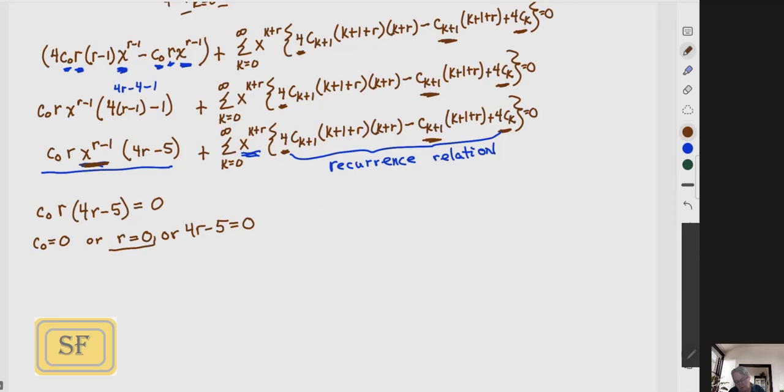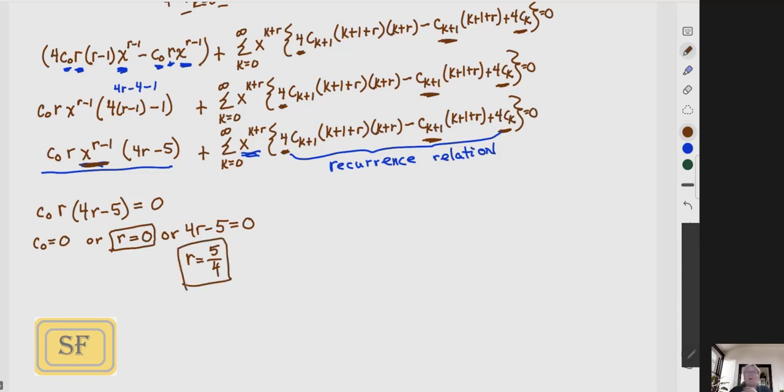So if you take r is equal to 0 as a value for r, and substitute the r equals 0 into that recurrence relation, that's going to give us one of our power series, or one of our solutions. Actually, in terms of power series, because r is just a whole number. If you take from 4r minus 5 equals 0, we get r is equal to 5/4.